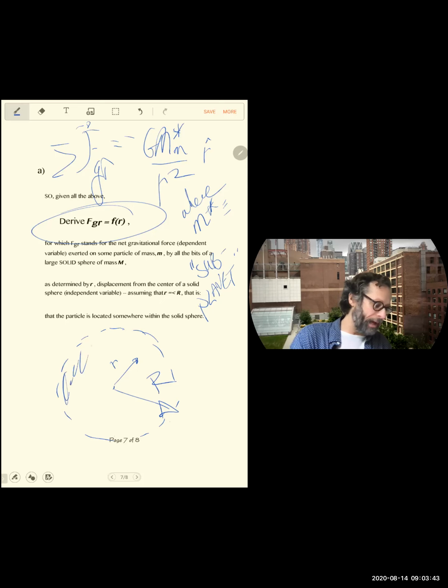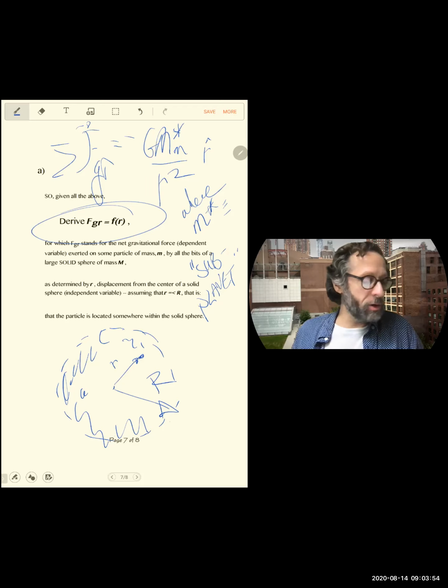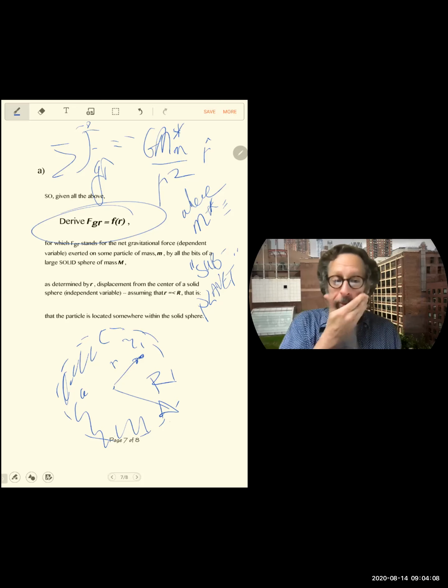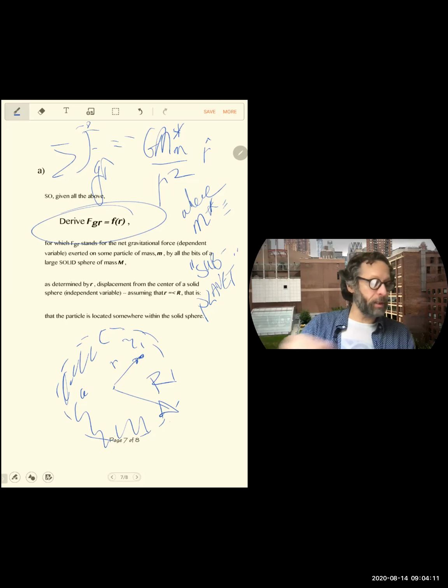There's mass everywhere, and we're at some arbitrary spot between the center and the edge of the sphere. We're looking for the net gravitational force at some point arbitrarily located within the solid interior of this uniformly dense sphere.